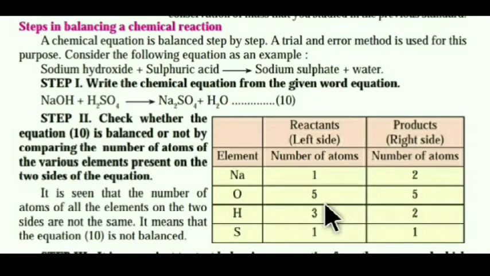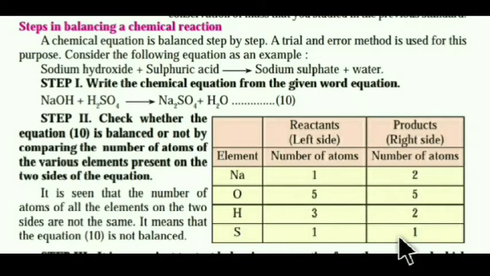Then hydrogen, 3 hydrogens are present: here 2 plus 1, that is 3 hydrogens, and sulfur has only 1 atom. So these are the atoms present on the left side.